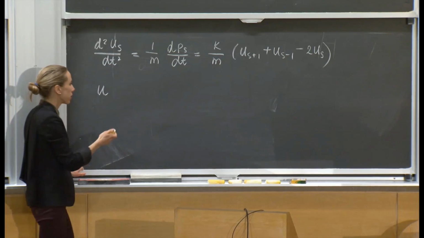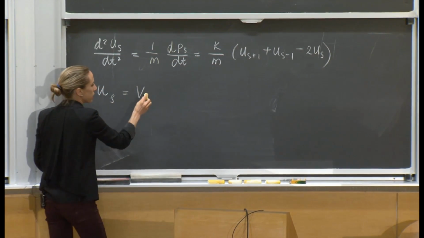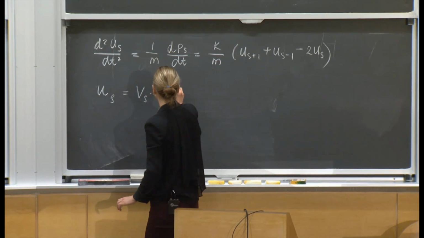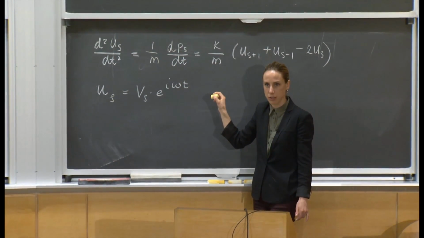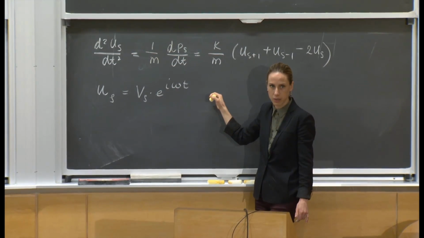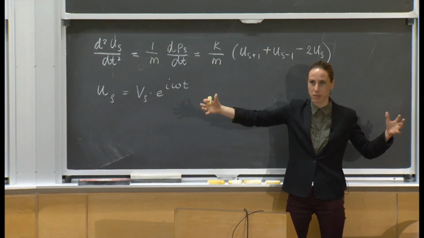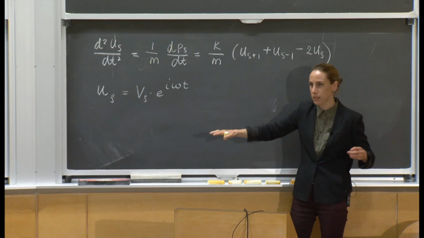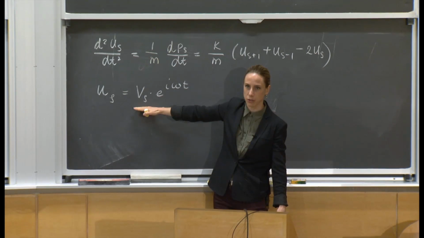The form that we are going to use is u_s, we'll call it some v_s multiplied by e to the i omega t. And I'm not going to drag the complex conjugate, even though it should be here, but it's going to make our derivations just absolutely enormous if I do. So we'll consider it just for this oscillatory component.